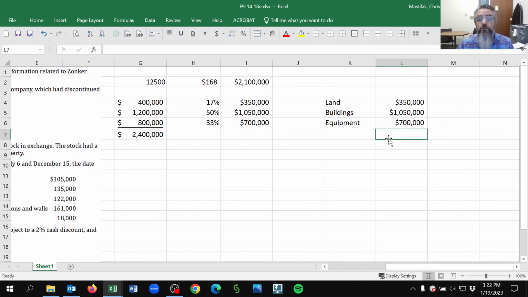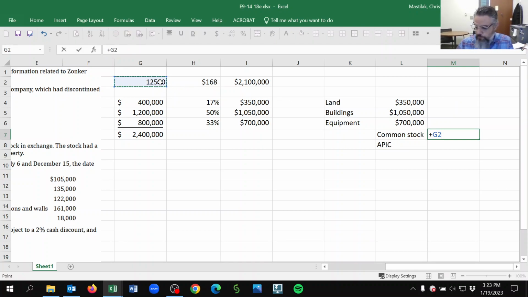And then we're going to have to credit our appropriate things. And remember, we record common stock at par. And then anything above par is going to be additional paid-in capital. So our common stock is 12,500 shares times $100 per share. And then additional paid-in capital is going to be the entire value of the transaction minus the par value.